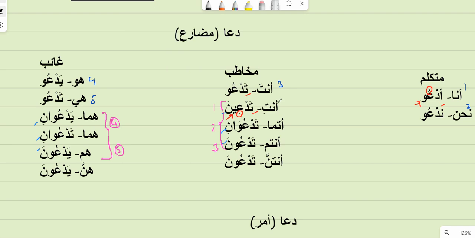Tad'ina for feminine singular. Tad'uwani, as I told you, two alifs cannot come, so one has been changed to waw, and the same structure as tad'u, and then alif muthanna. This is the damir alif muthanna. Tad'una, the waw al jama comes back with the dhamma.